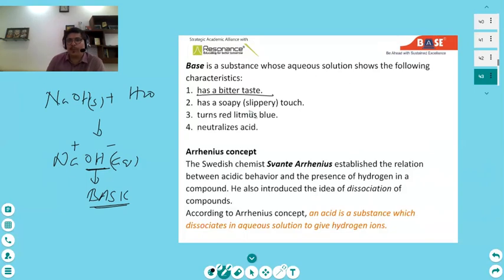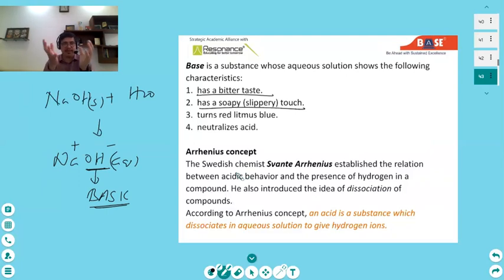And it is soapy to touch. The question arises why it is soapy to touch. Our hand has fat, fatty acids, both oil and fatty acid. So the moment base comes in contact with our fingers, that fatty acid and oil, whatever is there, will be dissolved in the base. Due to that, the friction is lost. That's why that slippery nature is there.